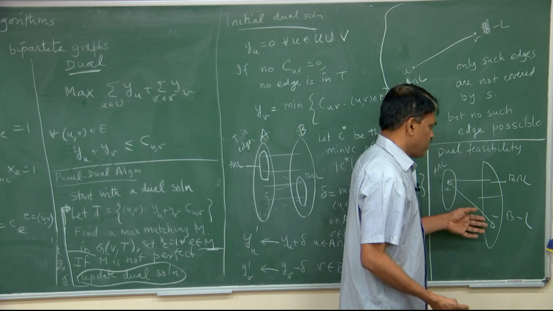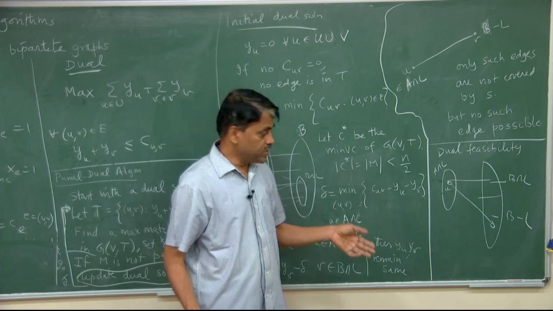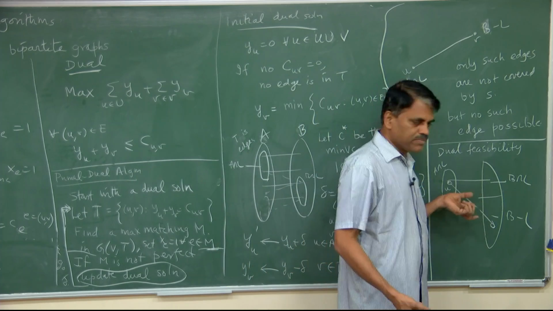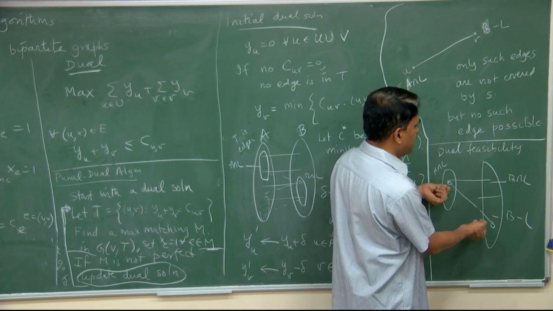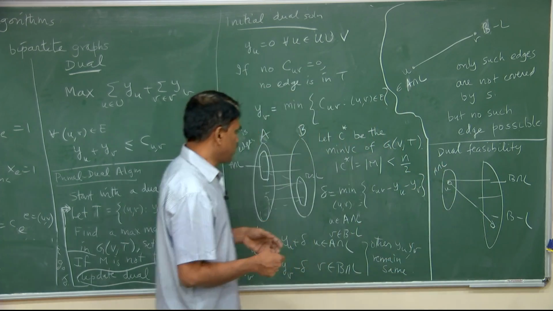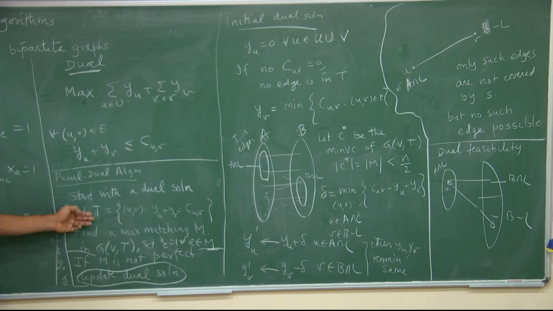So they will still remain fine, no problem, greater than or equal to 0, because delta was the minimum, and in fact one edge now would become tight. Whatever edge realized the minimum, on that edge, since I increased by delta, that edge will become tight. Okay, so dual remains feasible, and I got one more edge into the tight set, so I am making some progress.